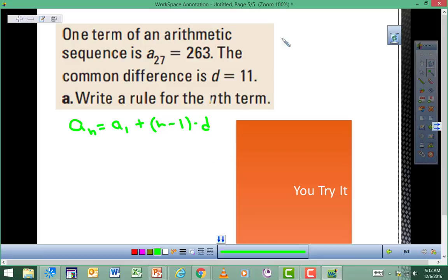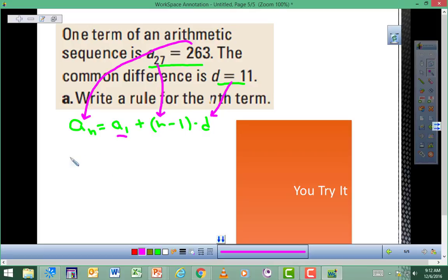Okay, so we're told the 27th term. And we're also told the common difference. So once again, this one will go in here, okay? 27 is what the n value is, okay? And this goes in over here. And so, once again, we can solve for a sub 1.